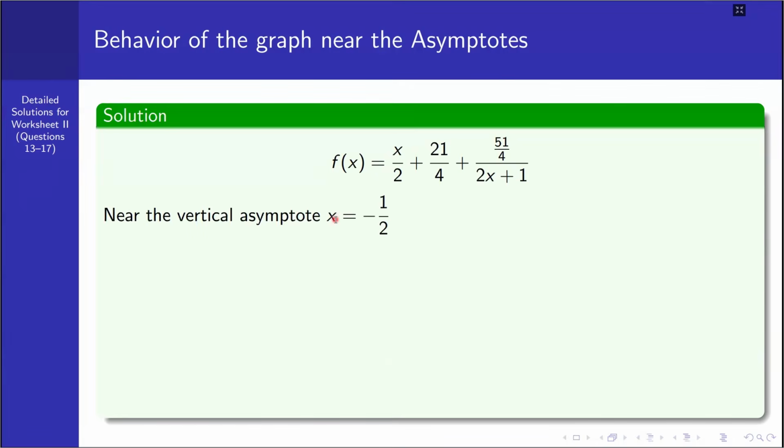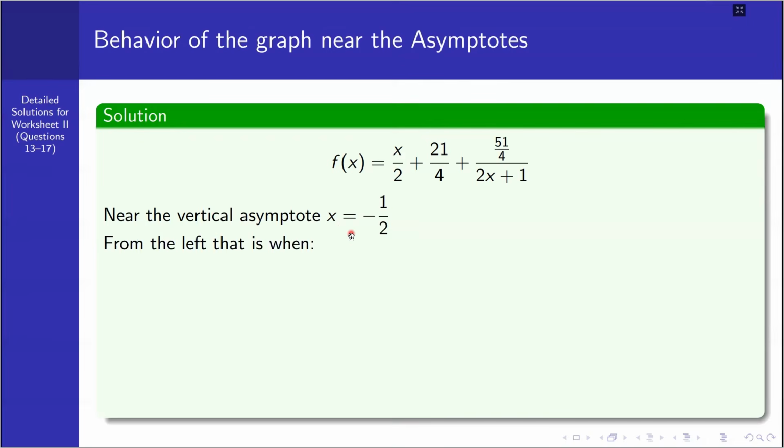The function f of x is given to be this one, then near the vertical asymptote ምን ይመስላል ወይም ደግሞ ፕሮፐርቲው ምንድነው የሚመስለው የሚለውን ለማየት, near the vertical asymptote x equal to -1 over 2 የፋንክሽኑ ግራፍ በቀኝና በግራ በኩል ምን ይመስላል?